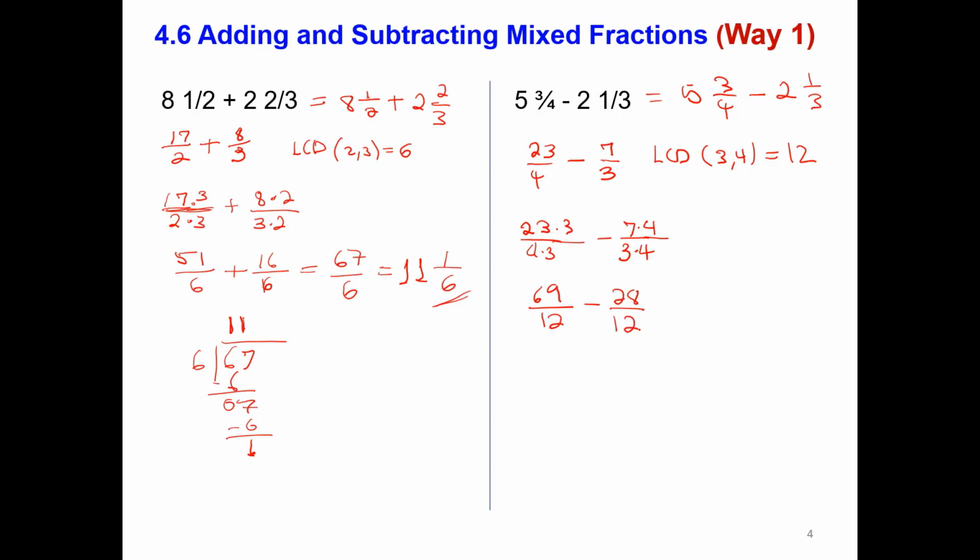Now we have a common denominator, so we can keep the denominator and subtract the numbers. We know this equals 41 over 12.